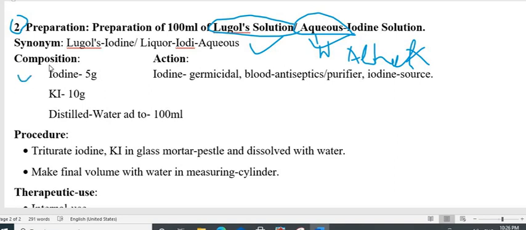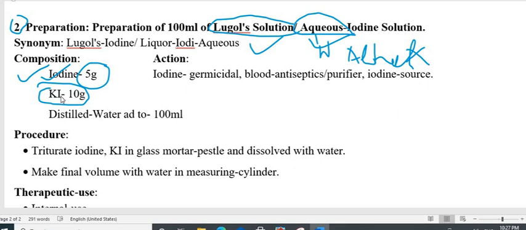So iodine in crystal form, we have to take 5 gram, and for proper mixing with the water, you have to form a compound, which we call the polyiodide. So iodine is going to react with the potassium iodide and form the polyiodide, which is easily soluble in the distilled water.